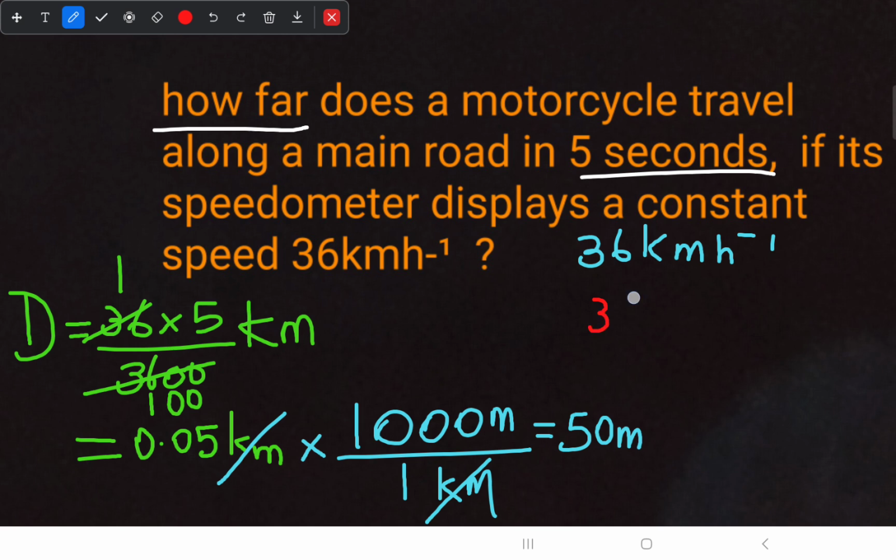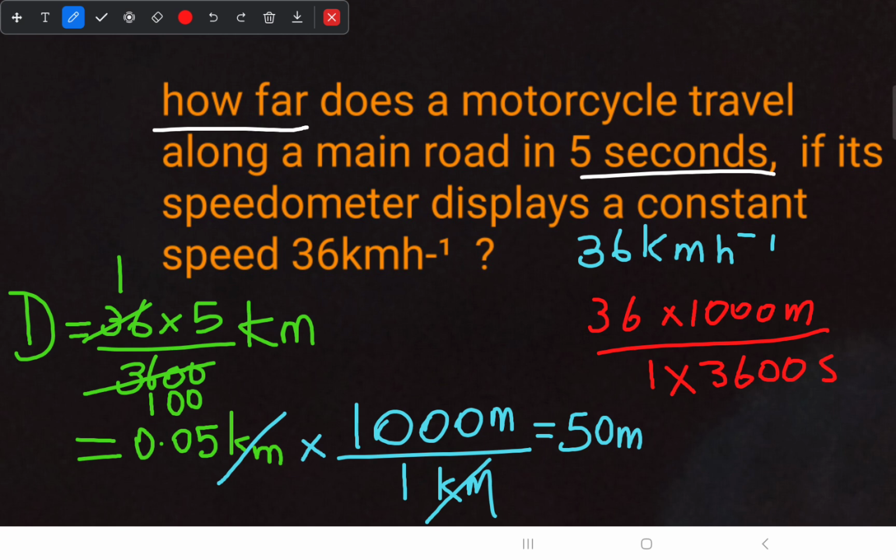That means 36 kilometer upon 1 hour. We convert this to meter per second: 36 multiplied by 1000 meter upon, in the denominator, 1 into 3600 seconds.